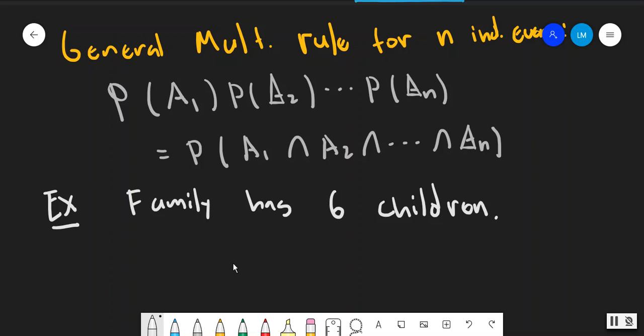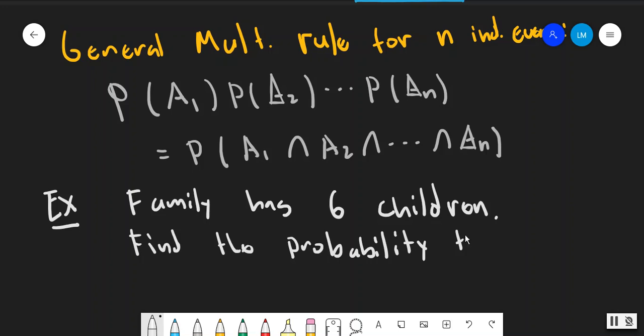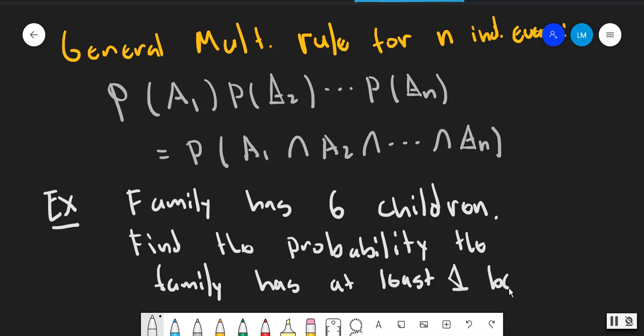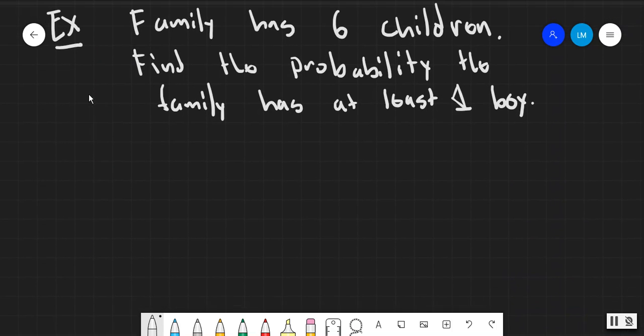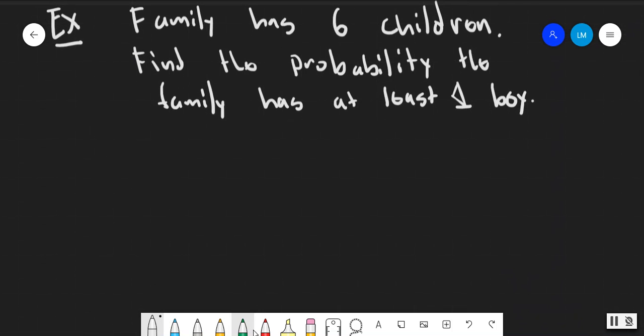Now let's say that we want to find the probability the family has at least one boy. Okay, so this is pretty interesting because there are several ways that we can do this.